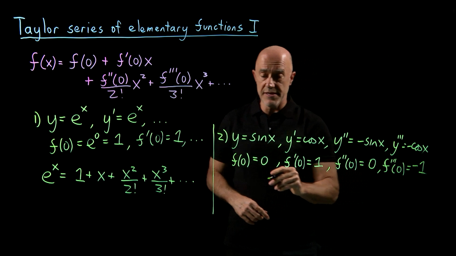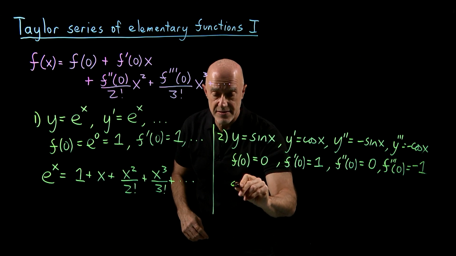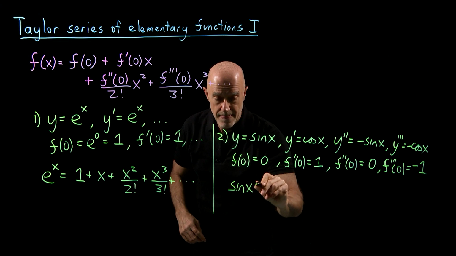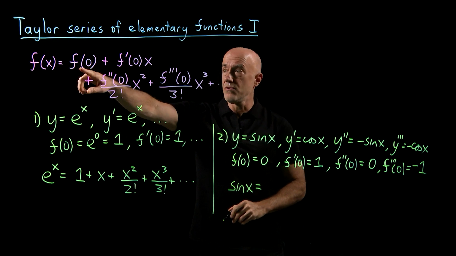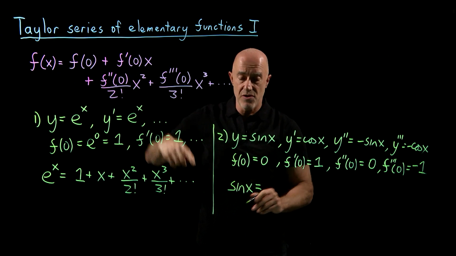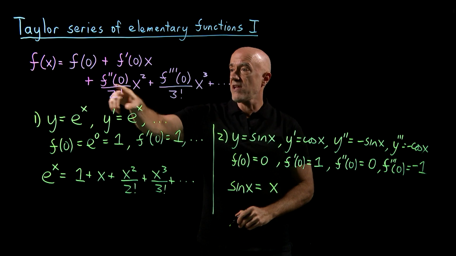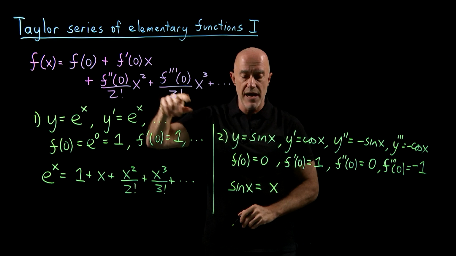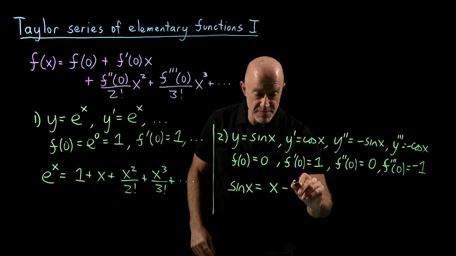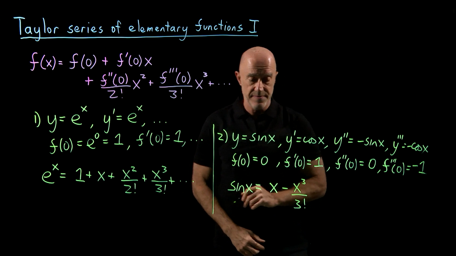We plug into the Taylor series, and we obtain that the sine of x is equal to, the constant term is 0. F prime of 0 is 1, so the leading order term here is x. F double prime of 0 is 0. F triple prime of 0 is minus 1, and the next term is minus x cubed over 3 factorial.